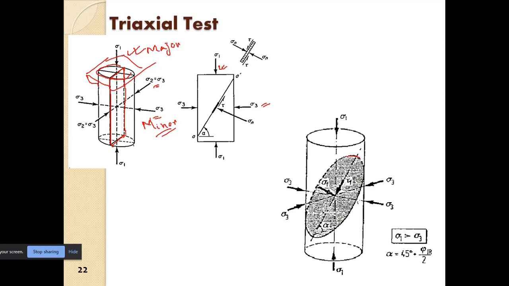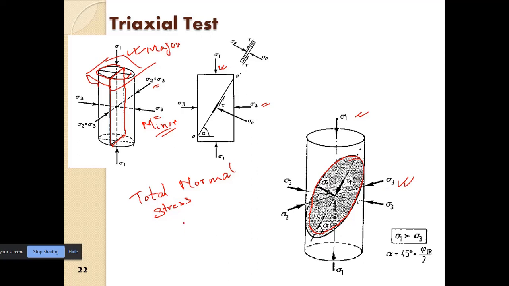So we may have one failure surface of the sample. In that case, if the sample fails, we have to determine the total normal stress on the plane in relation to sigma 1 and sigma 3.